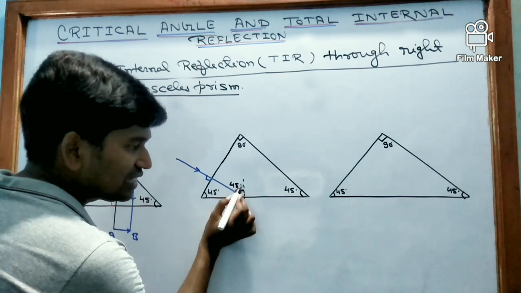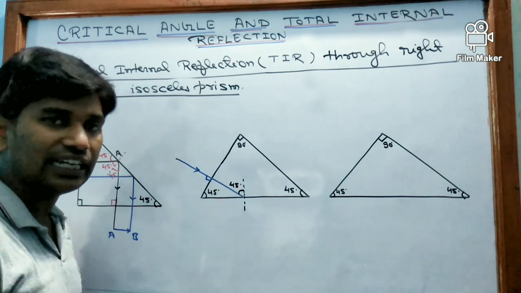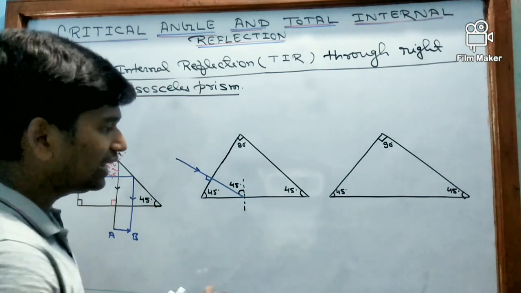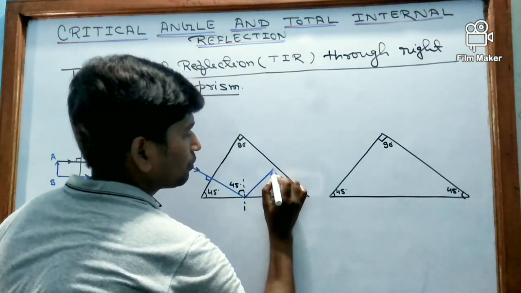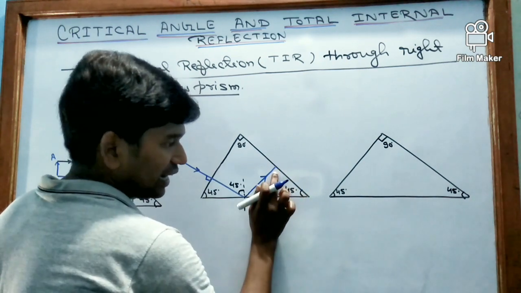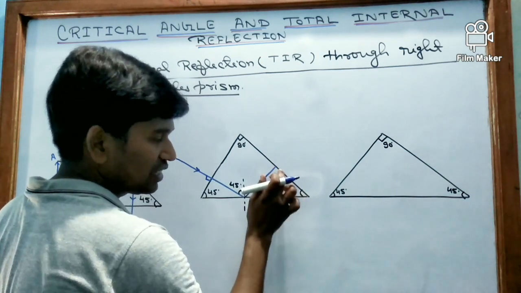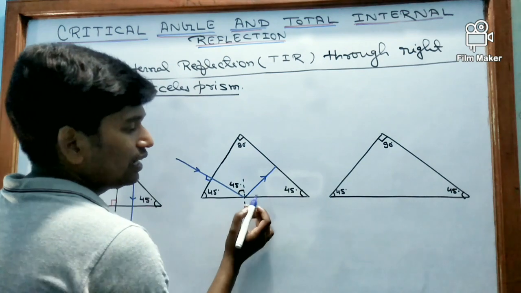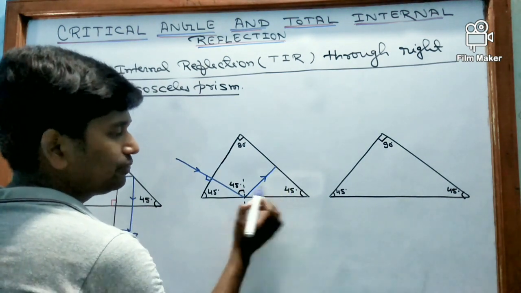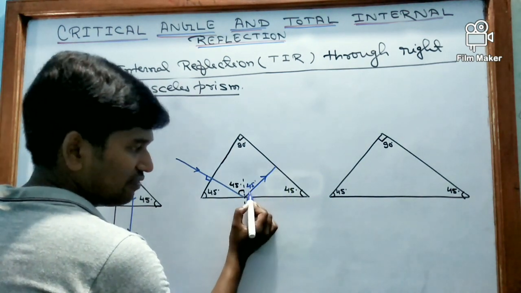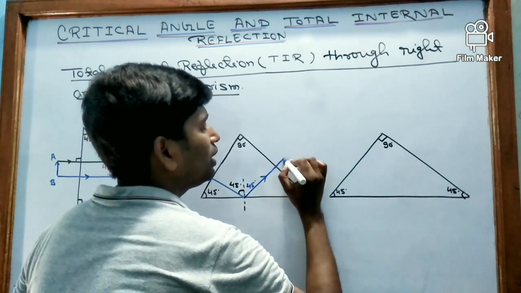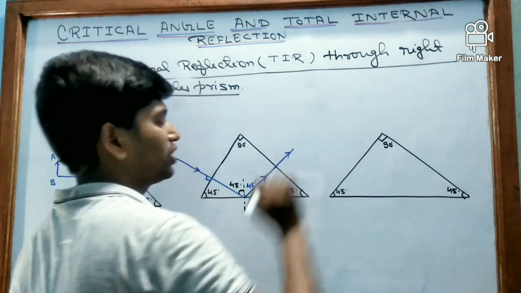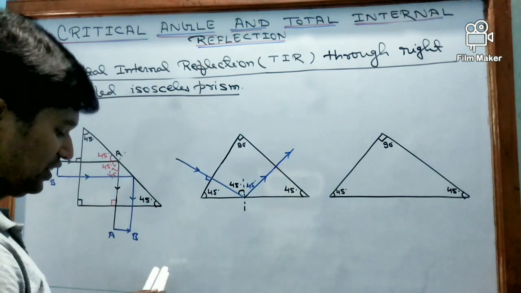So the angle of incidence is greater than the critical angle, and the ray will again be reflected back. Look at this, again from this surface the medium is changing. This is 45, this is also 45 and this is also 45. So this angle will become 90 and normal, then it will go straight without any deviation.